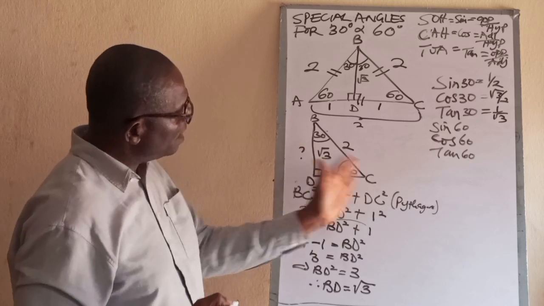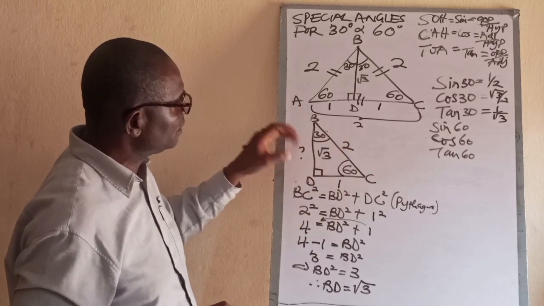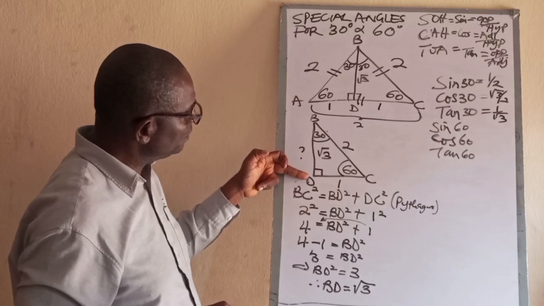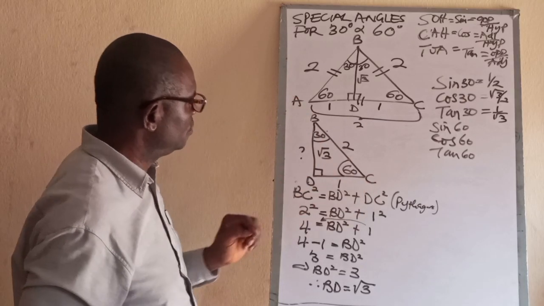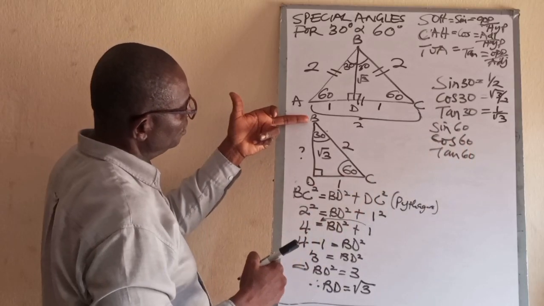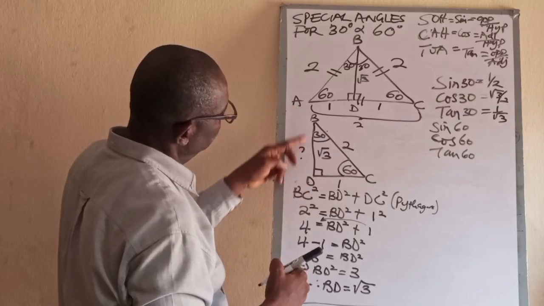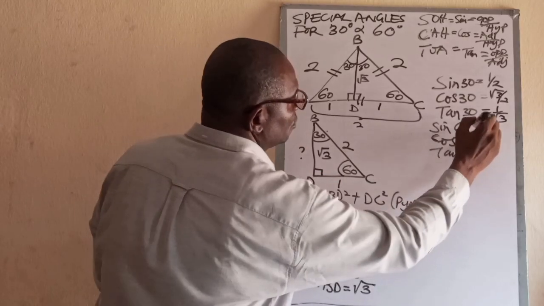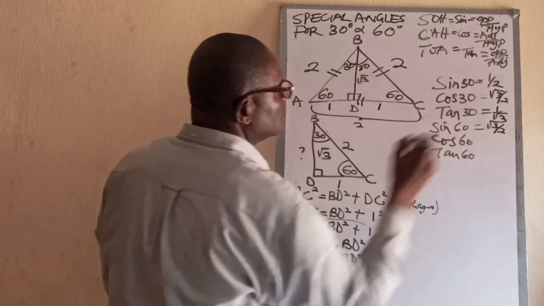Then sine 60. The side facing the given angle of reference is called the opposite. So BD is the opposite, DC is the adjacent, while BC is the hypotenuse. Sine 60 is opposite over hypotenuse, which is root 3 over 2.